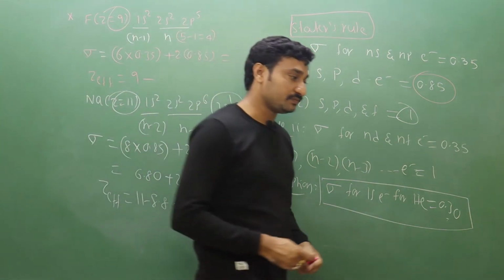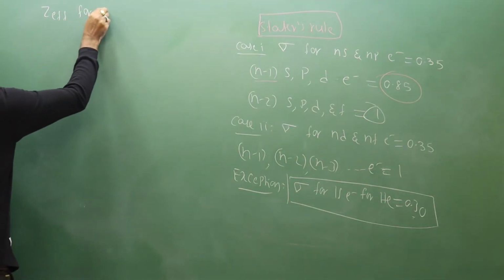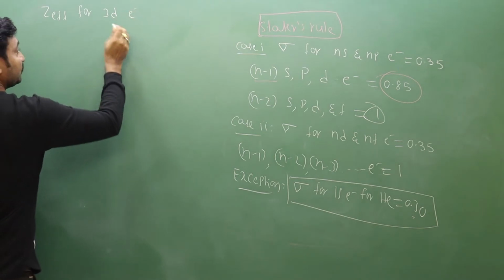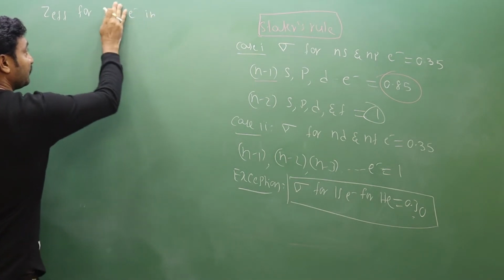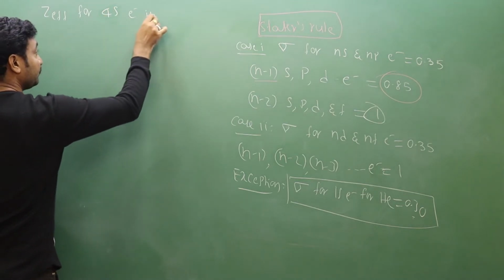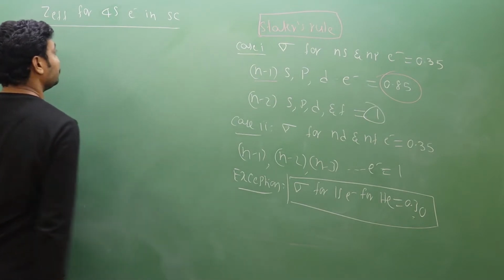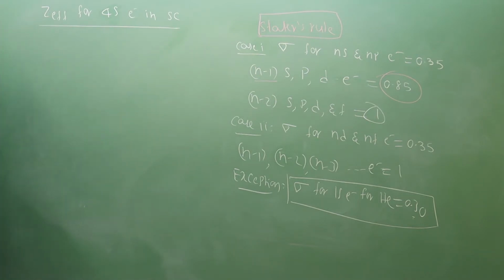Next one: Z effective for the 4s electron in scandium.